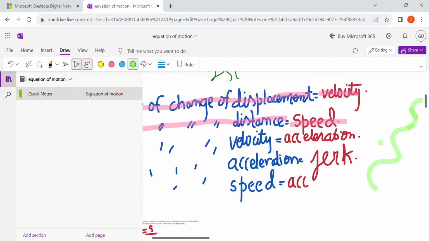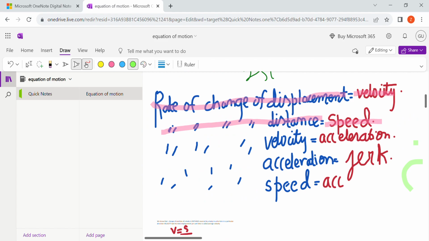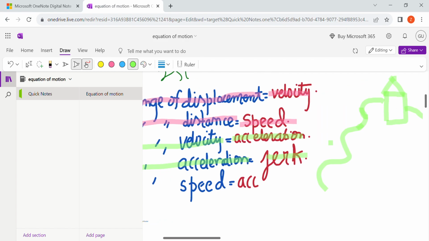Alright, so then again, the rate of change of velocity is known as acceleration, and the rate of change of acceleration is known as jerk. Please learn these. The rate of change of displacement is known as velocity. The rate of change of distance is known as speed.